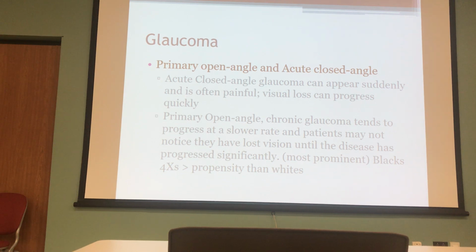Primary open-angle glaucoma is usually progressive, slow. Closed-angle glaucoma is usually rapid, and it can actually progress to blindness really fast. It is an emergency, okay? Open-angle chronic tends to progress. Blacks are at higher risk, so you want to assess them.